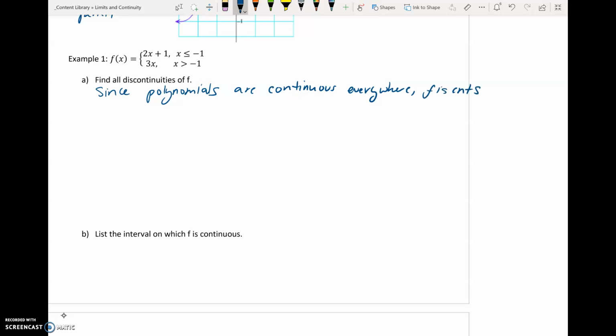The CNTS just means continuous. So we know f is continuous on negative infinity to -1 from this graph, and also from -1 to infinity for our 3x graph.